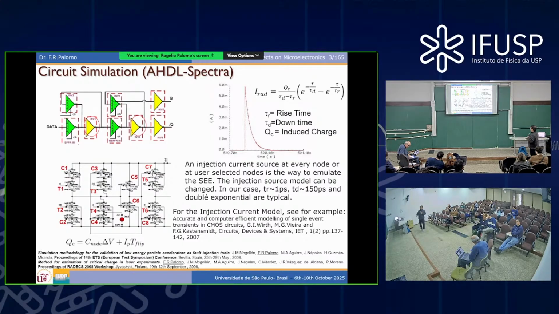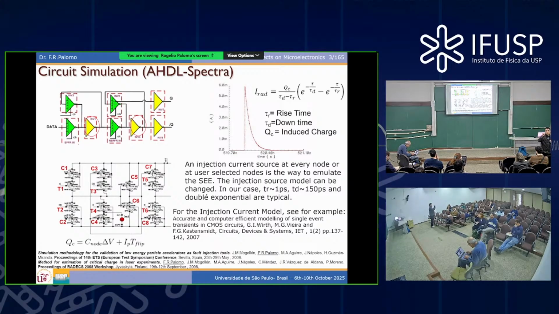Okay? Those are my references, that was made 20 years ago. And at the injection, you simulate, as we saw on Wednesday, the effect, putting in a current with that temporal profile, where the nuclear physics comes into the calculation of the charge that the event will produce in the semiconductor.